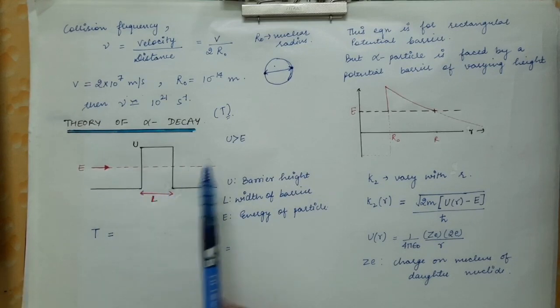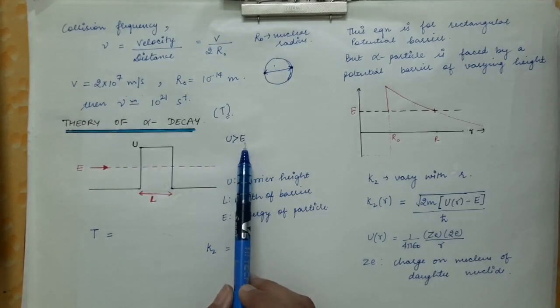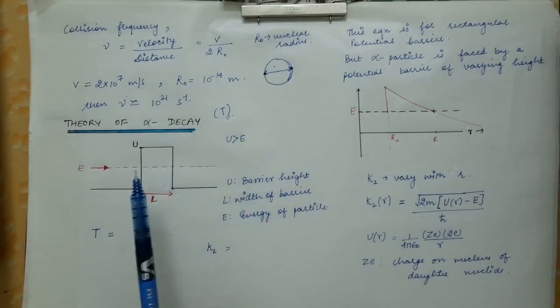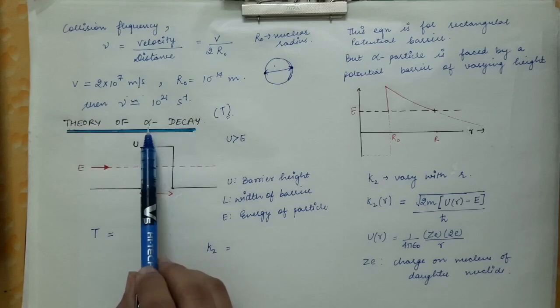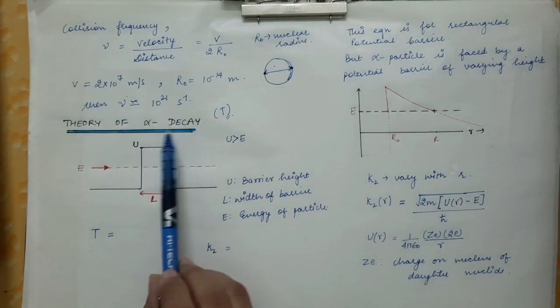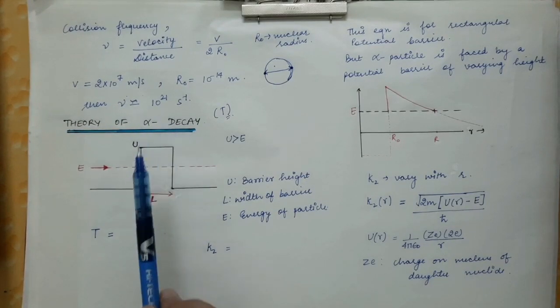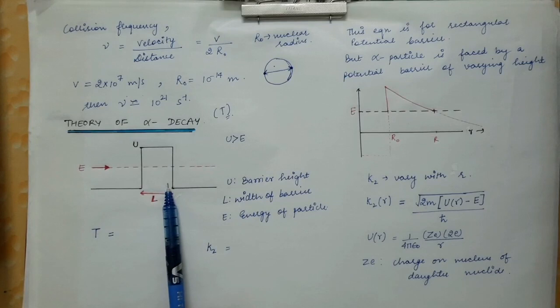Now in this particular case, the potential barrier height is greater than the energy of the particle. In alpha decay also, we have seen that the energy of the alpha particle is less than the barrier height, so here we are considering the same case.